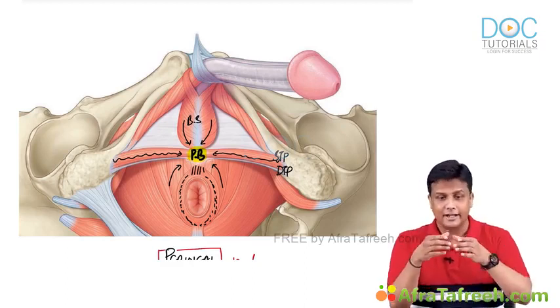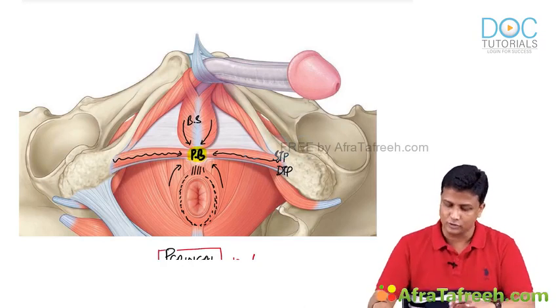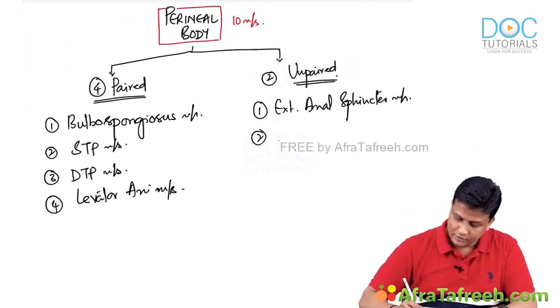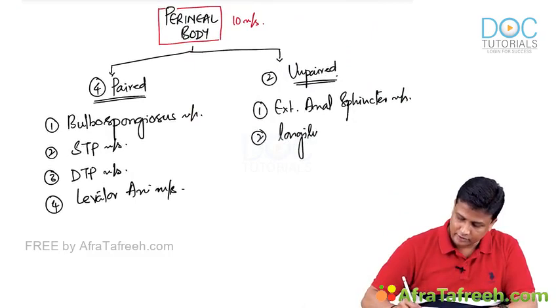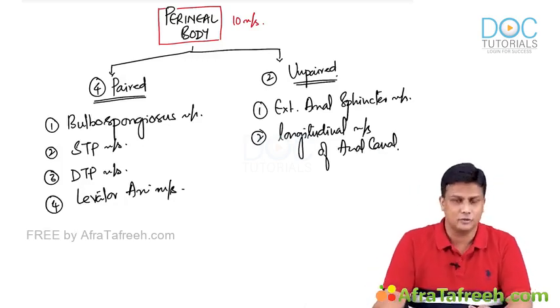Similarly, inside that anal canal you'll have the longitudinal muscles, and those will also meet at the perineal body. So the last and final one, longitudinal muscles of the anal canal. And yes, my dear friend, that is also an unpaired muscle.